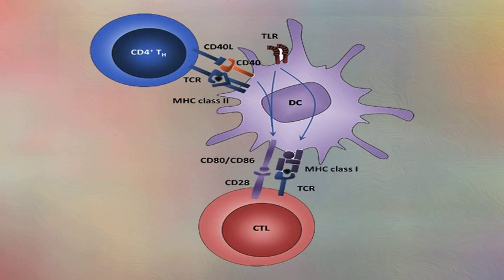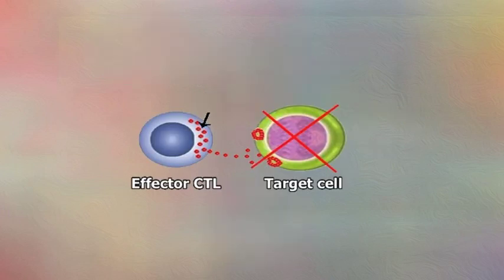When exposed to these infected or dysfunctional somatic cells, effector CTL release perforin and granulysin, that are cytotoxins that form pores in the target cell's plasma membrane, allowing ions and water to flow into the infected cell and causing it to burst or lyse.